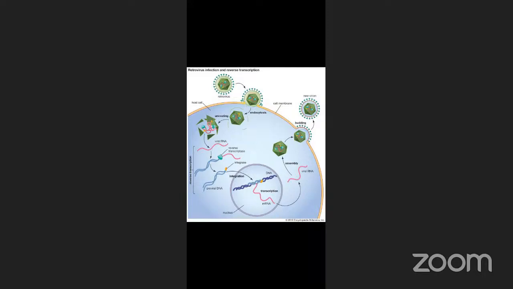Natural killer cells, macrophages, eosinophils, basophils, and neutrophils are different types of cells which have receptors on their surfaces for the Fc region of the different types of immunoglobulins. Binding with the Fc region triggers the activation of these cells: natural killer cells, macrophages, eosinophils, basophils, neutrophils, and so on.